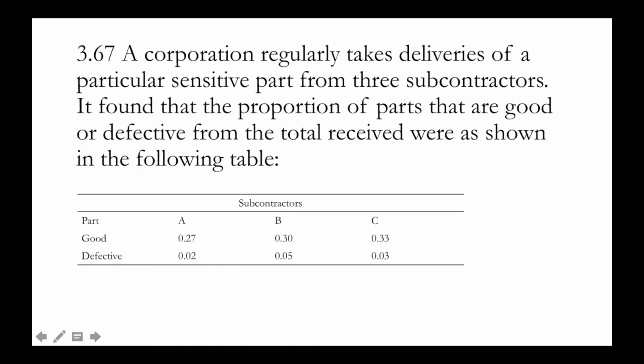Now we move to the next exercise, where a corporation regularly takes deliveries of a particular sensitive part from 3 subcontractors. It found that the proportion of parts that are good or defective from the total received were as shown in the following table. So you have 3 different subcontractors, and there are different probabilities of having a good product or a defective product.